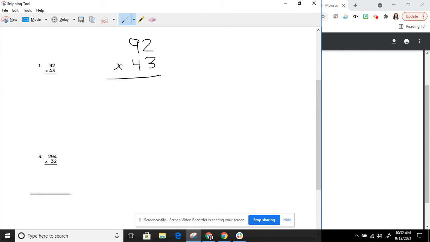So all you do with the standard algorithm, and again using the turtle head method, is you've got your numbers 92 times 43 stacked on top. You've got your ones lined up with your ones, your 2 and 3 are your ones, and you've got your tens lined up with your tens, the 9 and the 4. And what we're going to do is draw a turtle head. We're going to go up and then around and down.